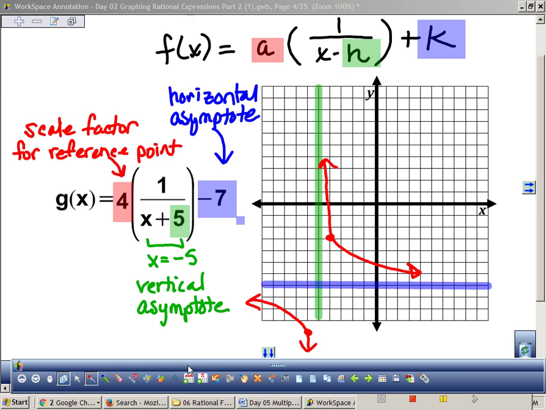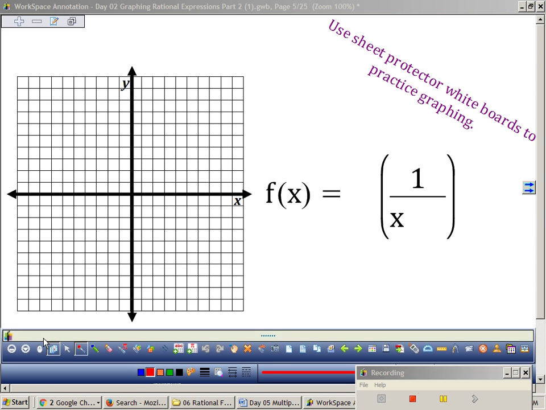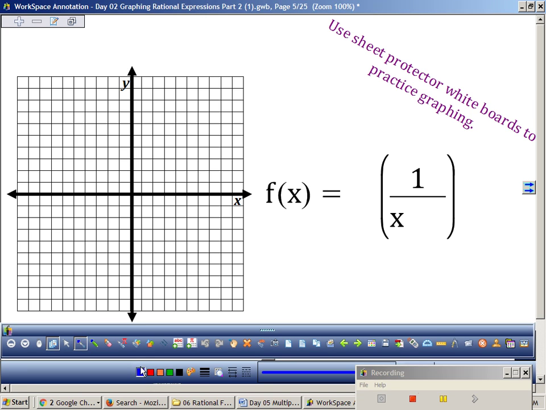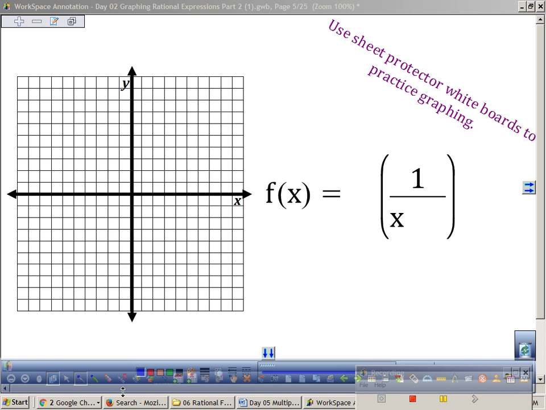Okay. So now that you guys got notes down for yesterday, or some of you, let's play with this a little bit. Okay, so get your graphs out, those green graphs with the sheet protectors on them for whiteboards. And can you graph x plus 2 for me? Do 4.